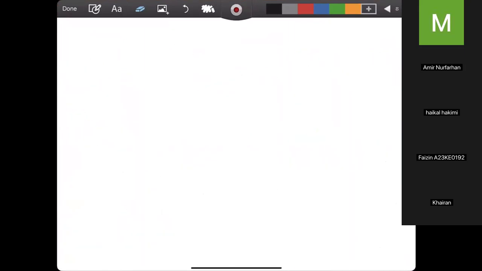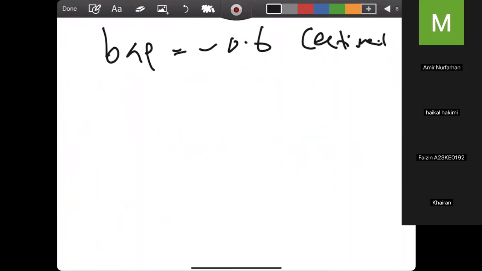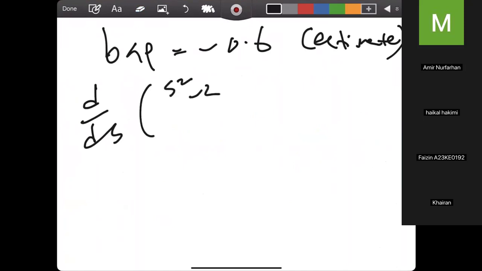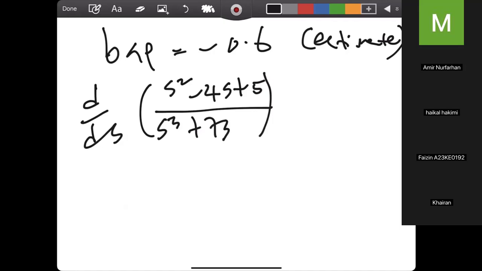How to verify the breakaway point? Use differentiation. So d per ds of s squared minus 4s plus 5 over s cubed equal to 0.